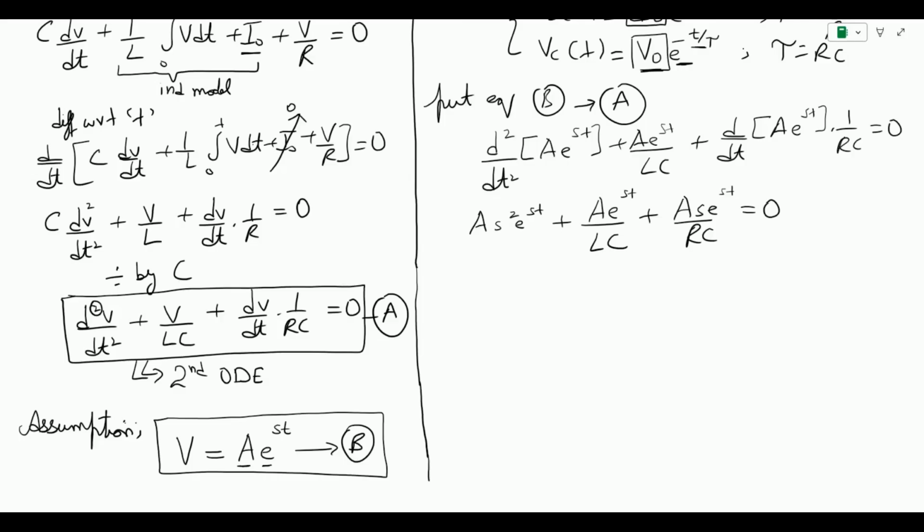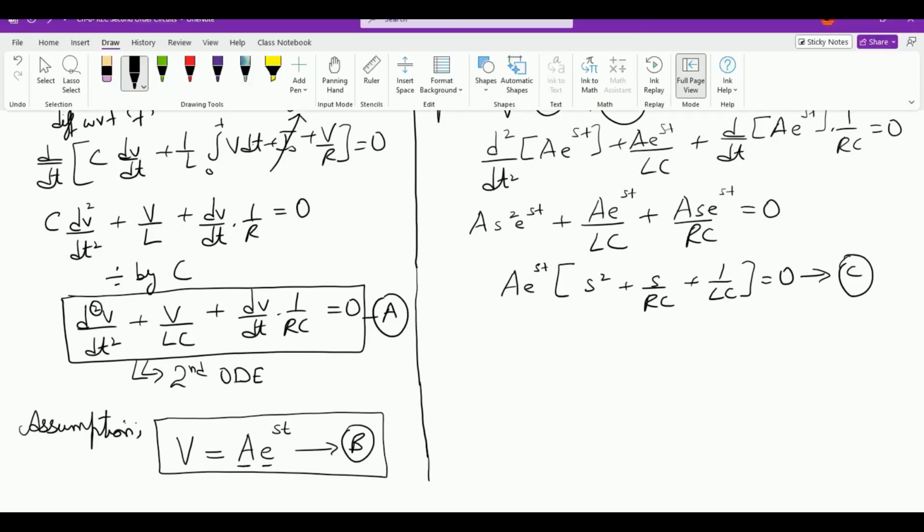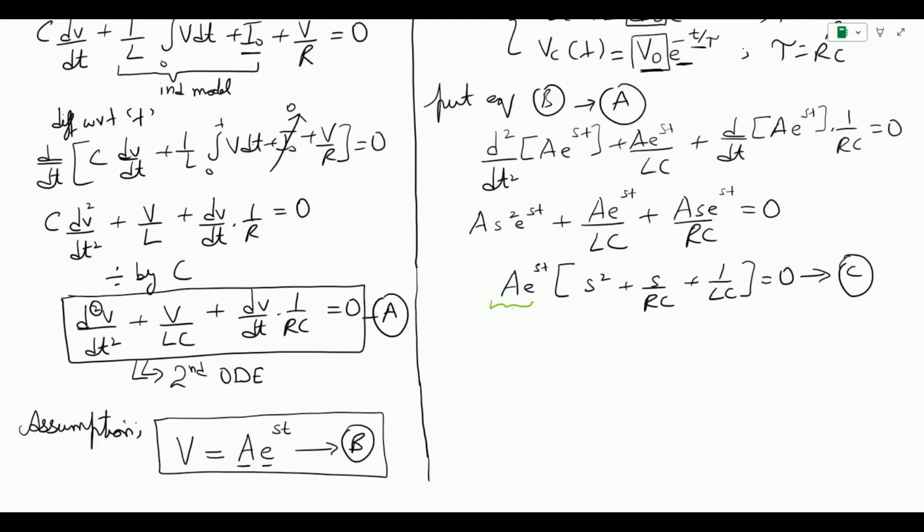If we simplify this equation further, I can take the constant A and the exponential e raised to the power s t as common factors, and I am left with s square plus s by RC plus 1 by LC equals 0. Let me call this equation C. This is the simplified equation that we are getting. Now if you look at this equation, there are two possibilities: either this portion of the equation equals 0, or the expression inside the bracket equals 0.